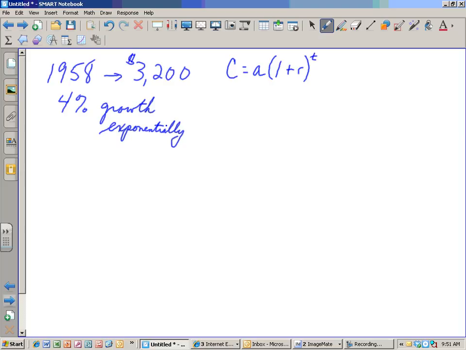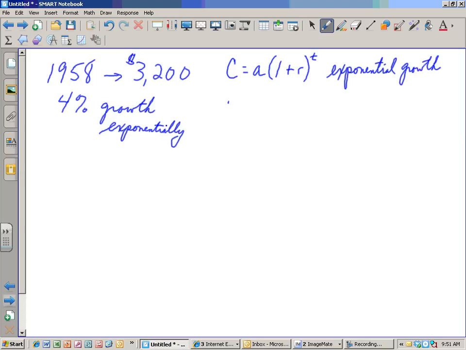T stands for time. Okay? Everybody with me so far? That's a formula. This is a formula for exponential growth. I'm going to give you 2 examples.